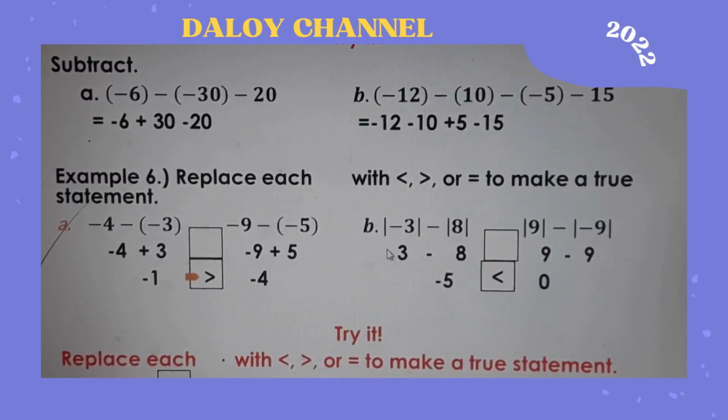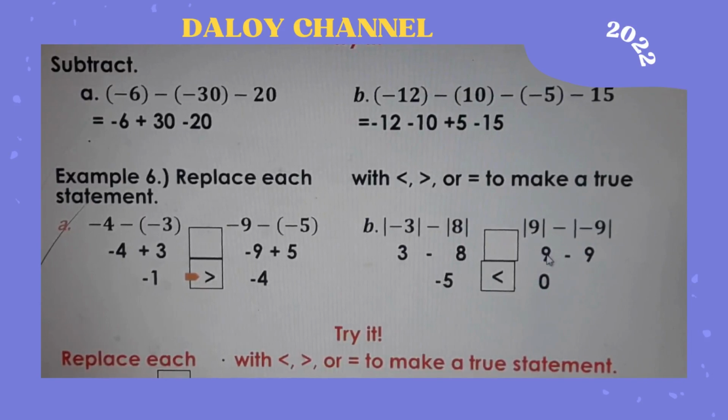For letter B, absolute value of 3 minus absolute value of negative 3, compared to the other side. Simplifying it, the absolute value of negative 3 is 3, minus the absolute value of 8, which is 8. On the left side of the statement, we have the absolute value of 9 minus the absolute value of negative 9.